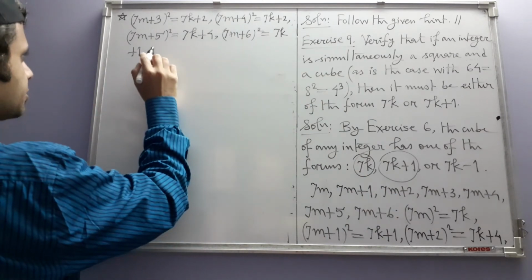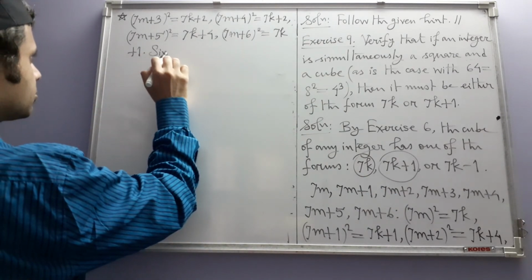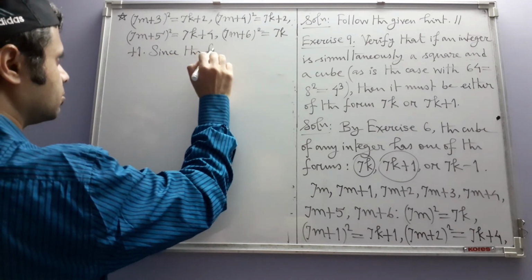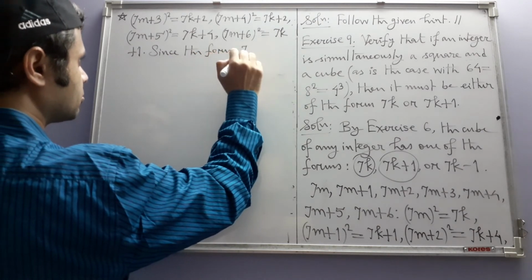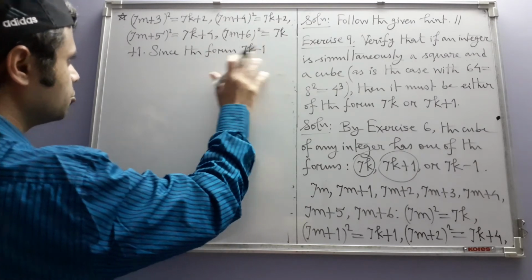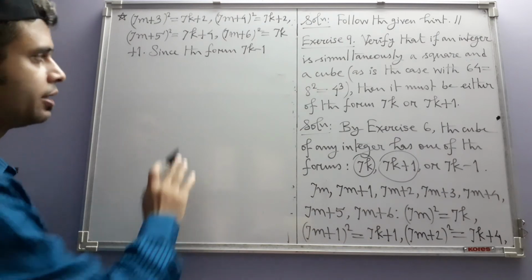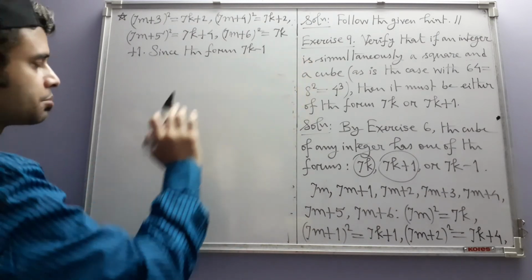So you can just write, since the form 7k, I'm just crudely writing it. When you write the full solution properly, you just include this part.